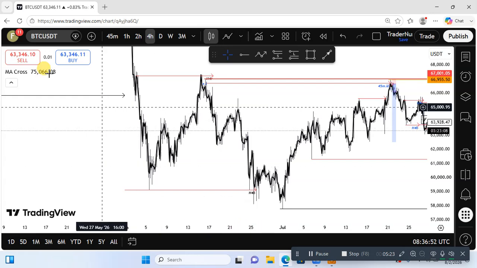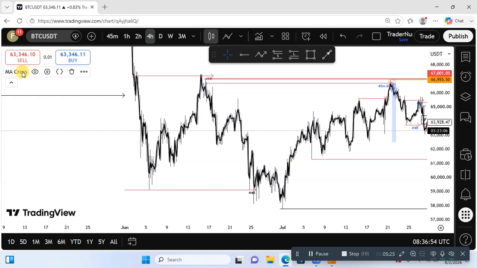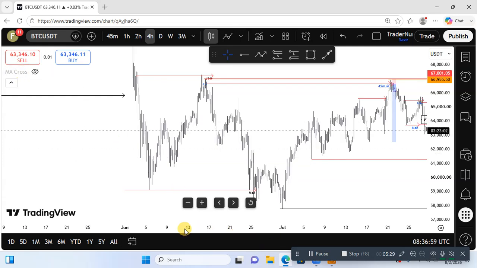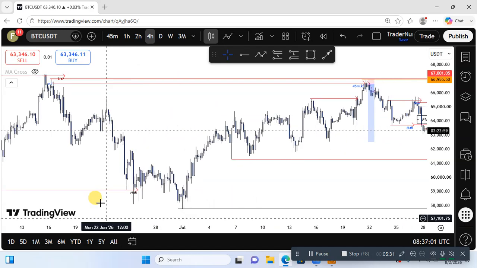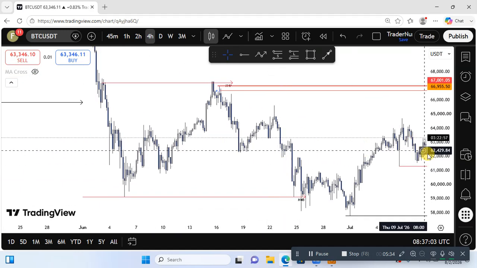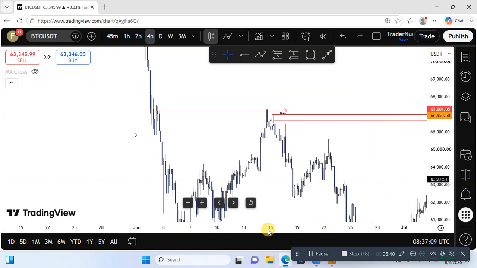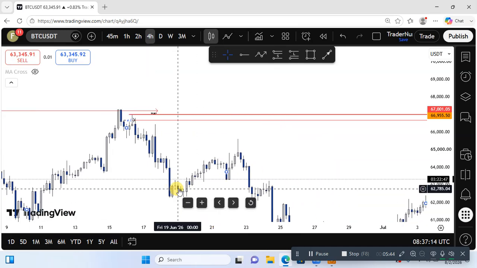Since I am a very detailed analyst, I do a detailed analysis. Once price reacted from the H4 key level, what we want to see is candle reaction. We want to see how the candle breaks.